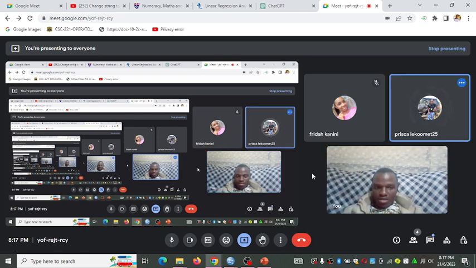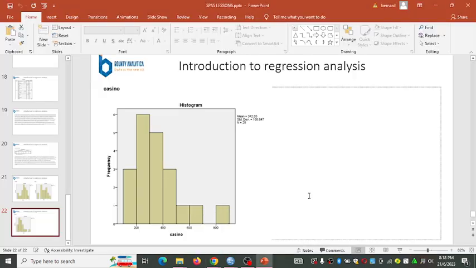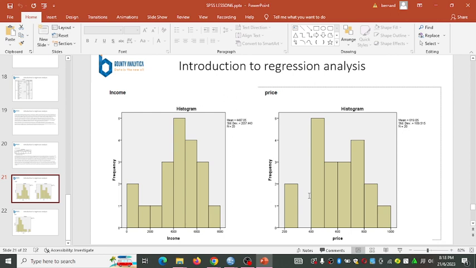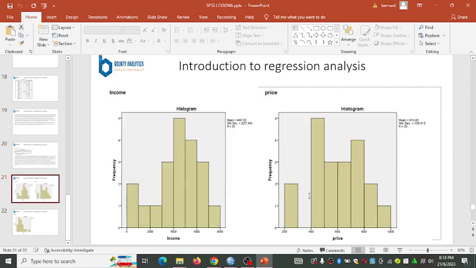Kindly, can you share the screen that you started so I can see where I was left behind? Those graphs are what I did not hear. The histogram is what I did not do. Were you doing the price alone or income versus price? The histogram, this part here.